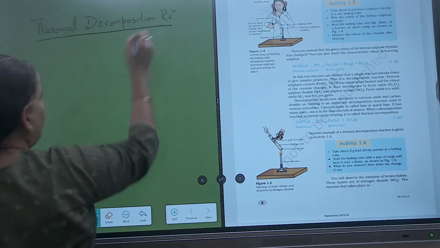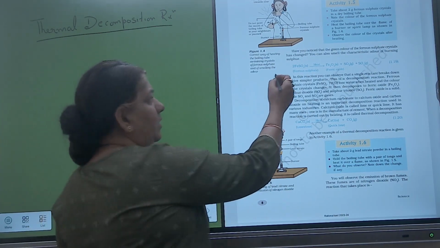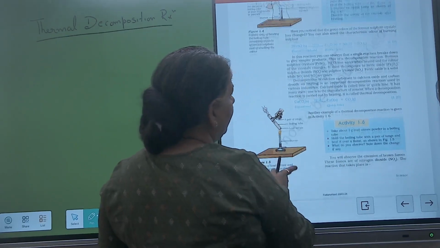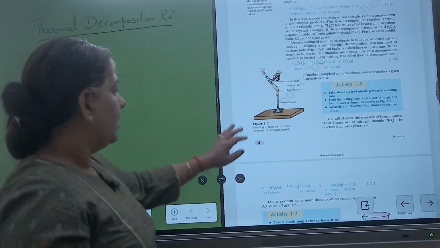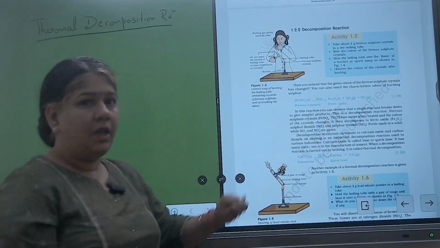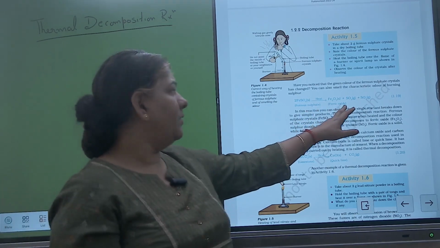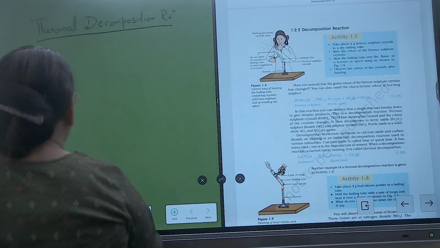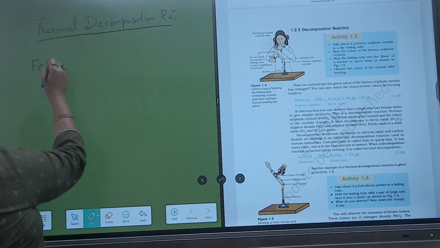In thermal decomposition reaction, basically we are going to study three reactions: decomposition of ferrous sulfate, decomposition of calcium carbonate, and decomposition of lead nitrate. We'll be observing what changes take place during the reaction. So our first reaction is decomposition of ferrous sulfate, FeSO4.